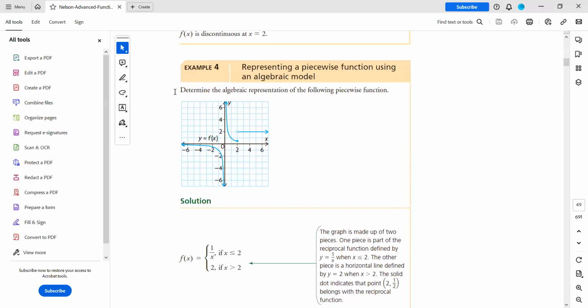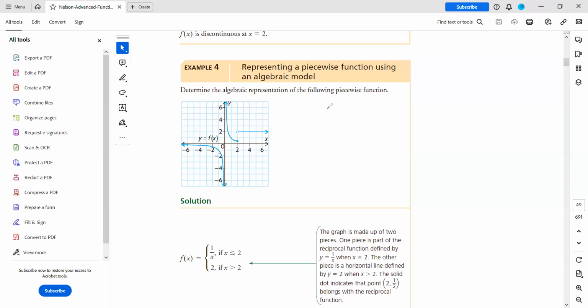Here's another example, the same kind, but here we do the opposite. We have to write the algebraic representation of the following piecewise function through the graph. And here you can see that it's clearly the 1 over x function that looks like this. Also, we can see that for x greater than 2, we have a linear dependence of y equals 2.